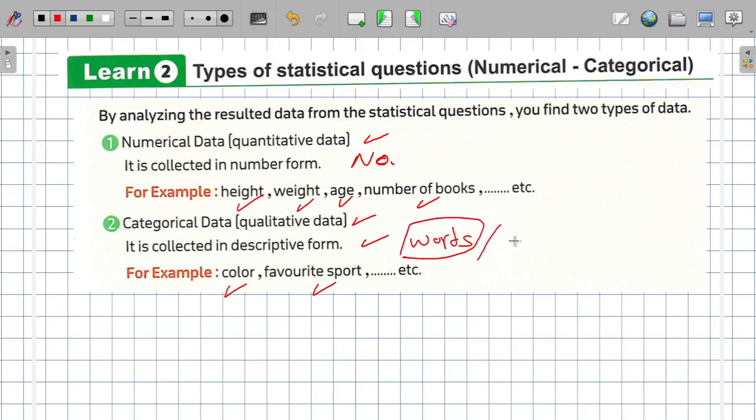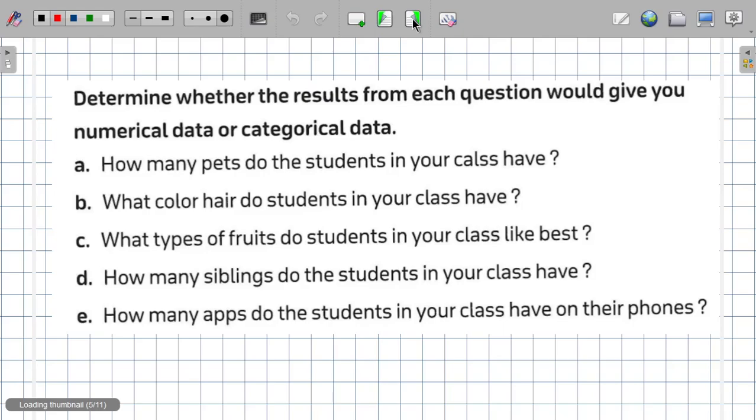Or maybe I think it will be things. Okay, so I have two types of answers for statistical questions. The first type is numbers or numerical data or quantitative data, and the second type is categorical data or qualitative data. Okay, so if I want to determine whether the results from each question would give me numerical data or categorical data, let's try.